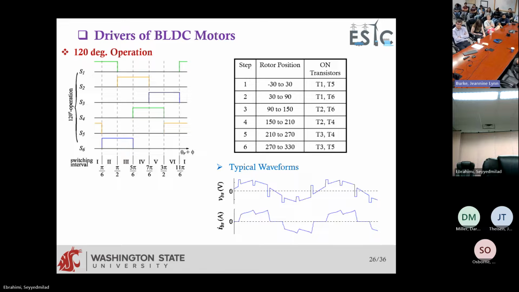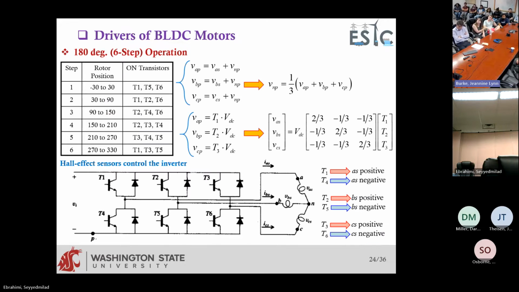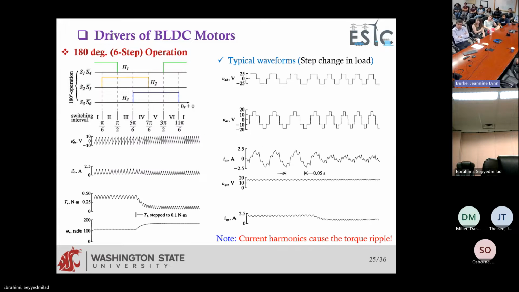So what are the causes of these imperfections? One of them is because of these commutations that happen. The other reason is the nature of your switching logic that generates waveforms like this. These are called 6-step: 1 step, 2, 3, 4, 5, 6. Because of the nature of the voltage that you generate.